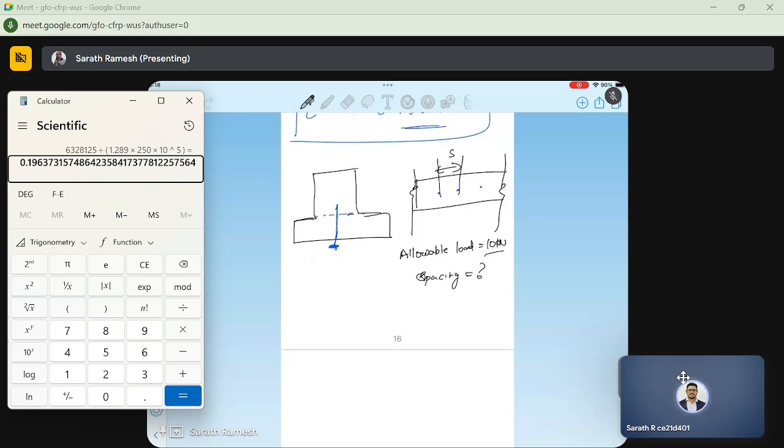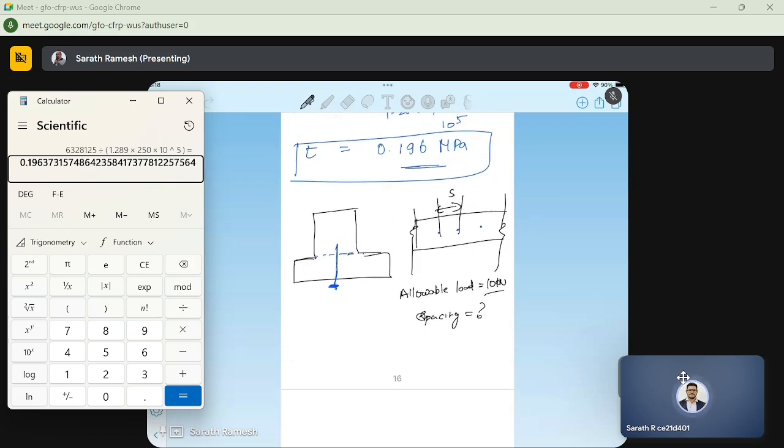The same way, we find the shear stress at the interface between the steel and the wood, which we already have for this problem, and multiply stress times the area. The area will be S times width B. This is the total allowable load, the nail allowable shear force.